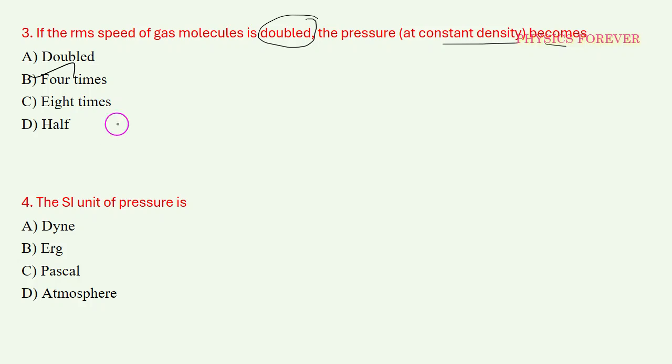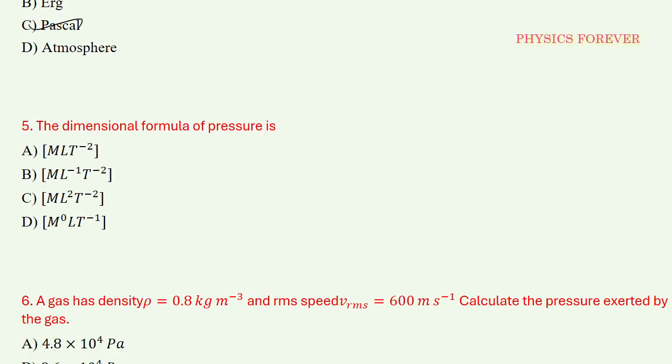This is a very basic question, but sometimes it is asked in the exam. The SI unit of pressure is the Pascal. Sometimes we have to expect questions like this. So you have to remember the dimensions and units for all the physical and derived quantities.